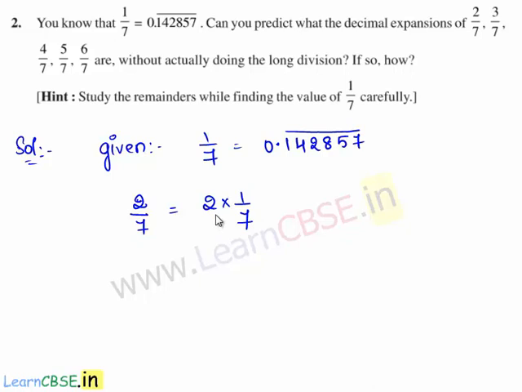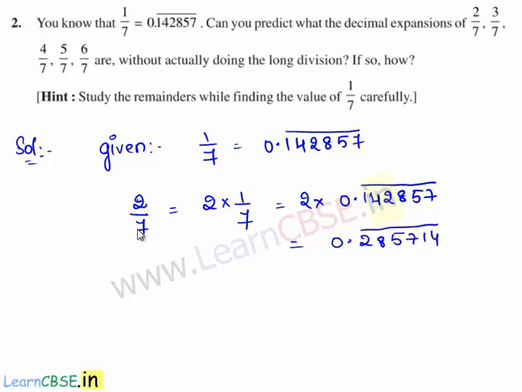That is, we need to multiply the decimal expansion of 1 by 7 with 2, which is 2 times 0.142857 bar. So 2 times 0.142857 bar gives 0.285714 bar.